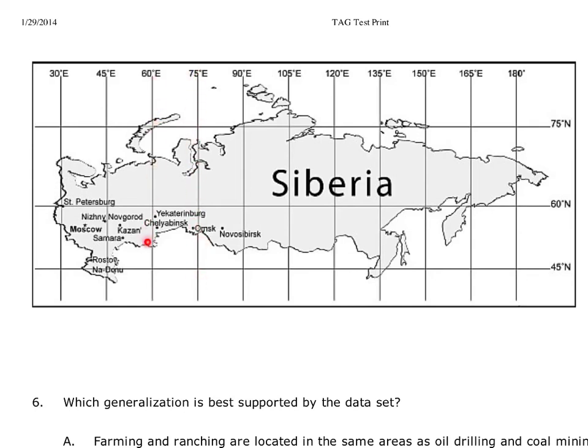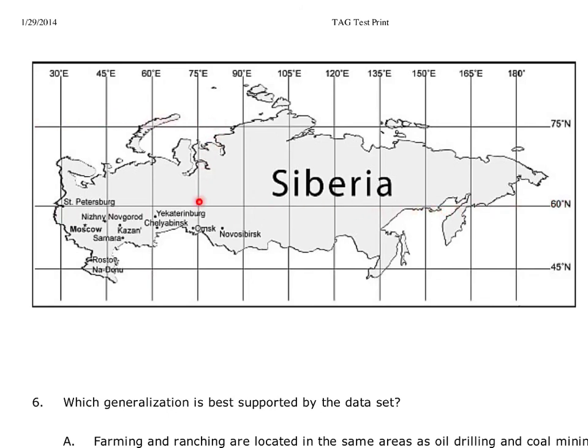Okay, so the question is, where do we have most of the cities in this? So we would say that most of them are between 30 degrees east and 60 degrees east and 60 degrees north and 75 degrees north.